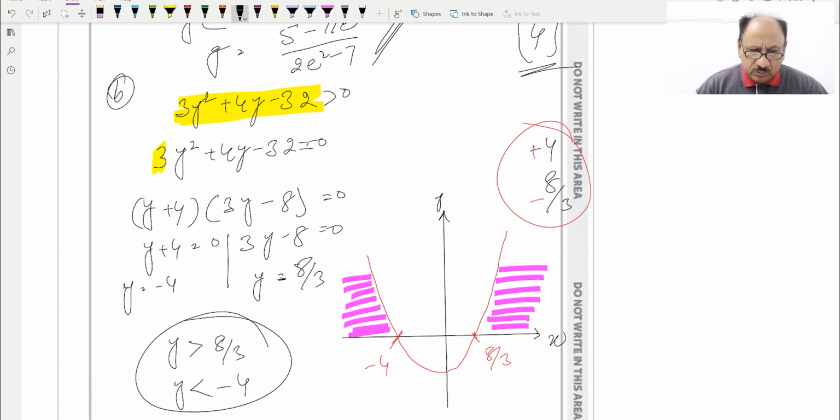So these two answers we will provide. Hopefully you understood this. If instead of greater than 0 it is less than 0, then in that case we will be taking this region only, which is not the case here. I have just explained it for your understanding.